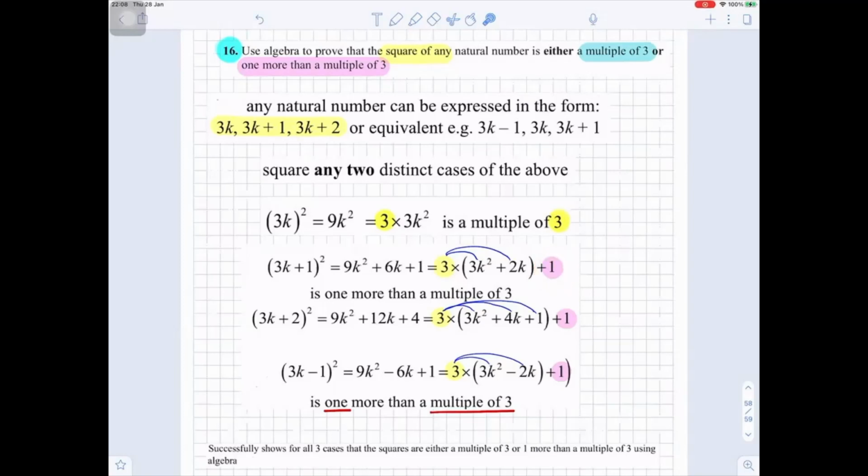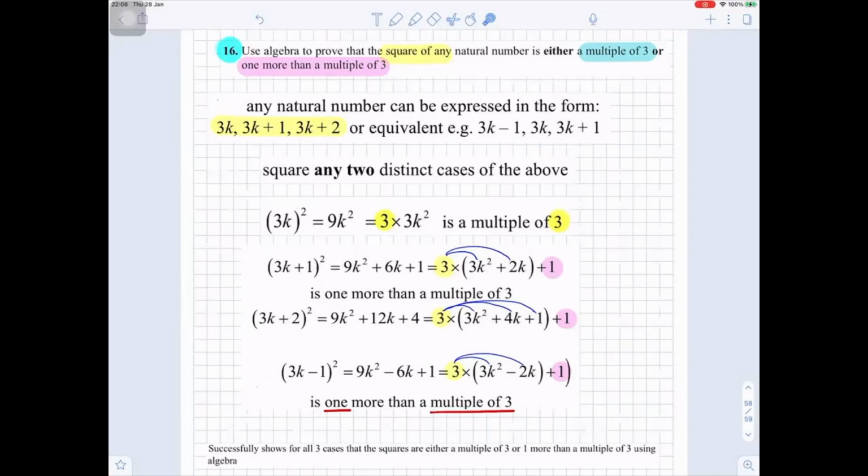That's 1 more. So 3k plus 2 all squared. When we write this out and multiply it, 3k plus 2 times 3k plus 2, it gives us 9k squared plus 12k plus 4. 9 is 3 times 3. 12 is 3 times 4. So we can take 3 out, and we're left with 3 times 3k squared plus 4k plus 1, because 4 is the same as 3 plus 1.